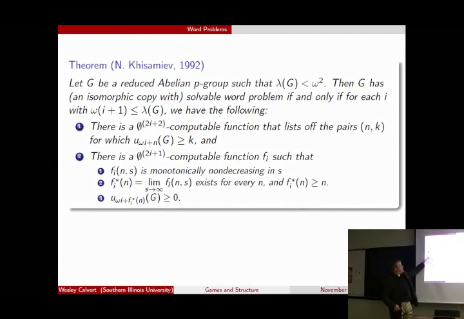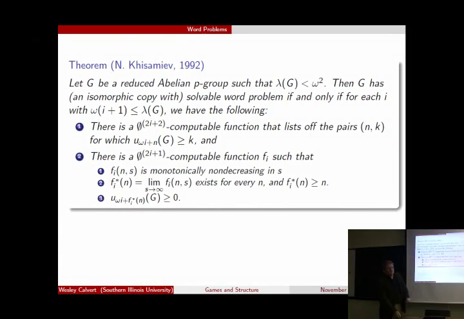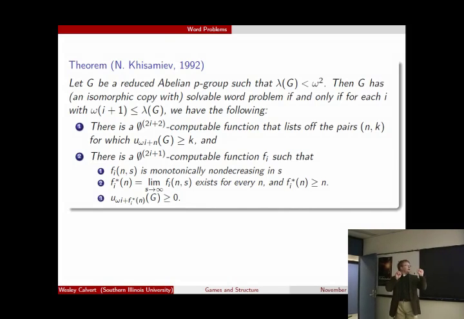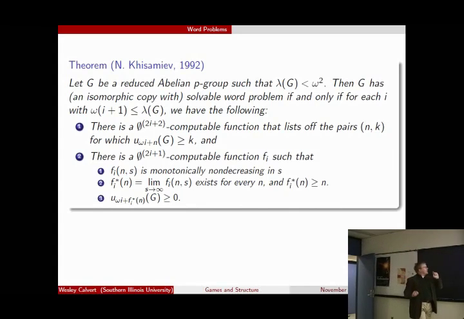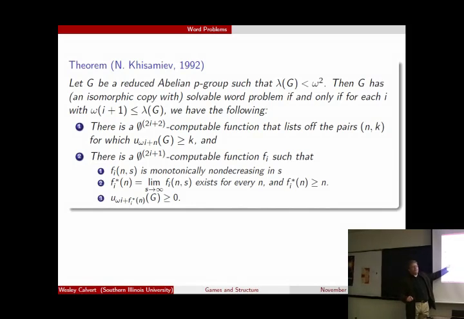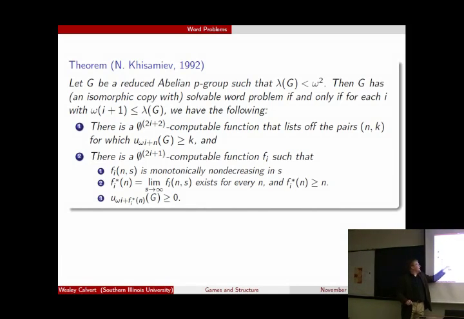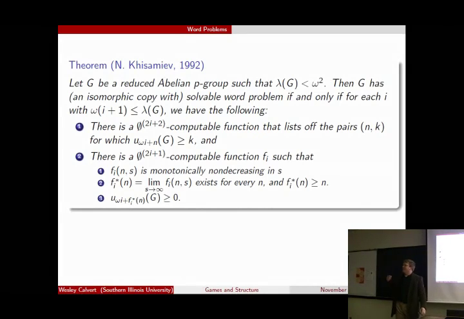This should be a function in two variables, and it should be monotonically non-decreasing, and the limits for each n should exist and should be greater than n, and that limit is the thing that tells you where to find a positive Ulm invariant.